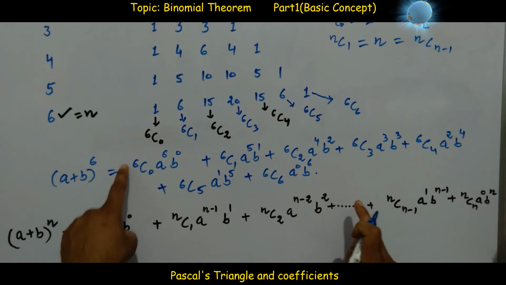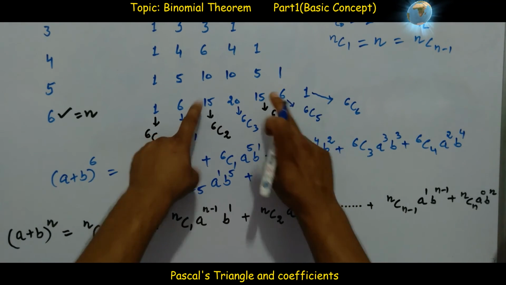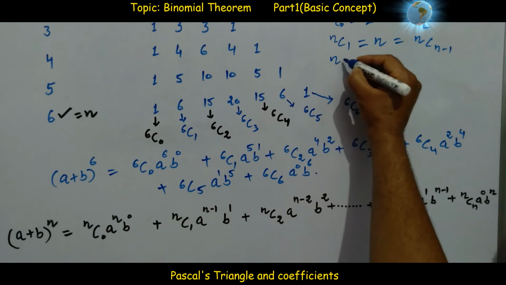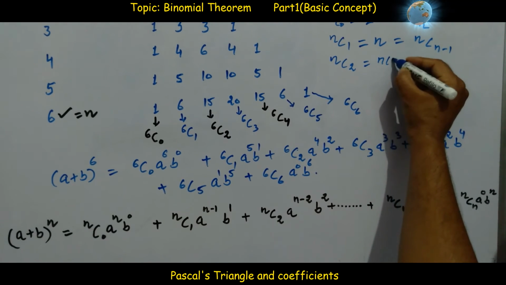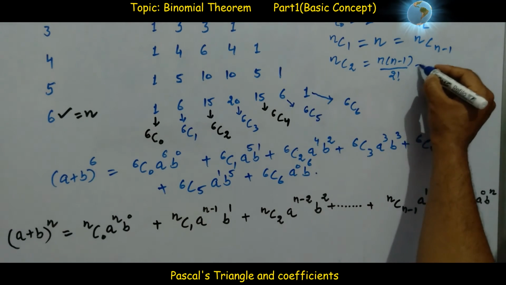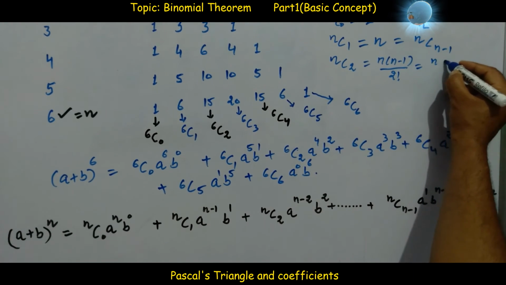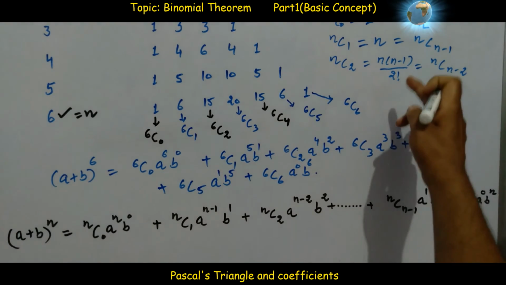This was 1 6 15, 15 6 1. Next, nC2 is equal to n(n−1)/2 factorial, which is equal to nCn−2. Like this we can proceed.